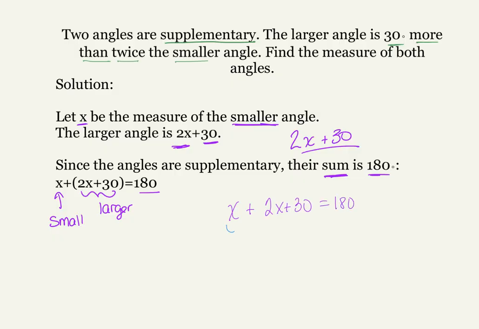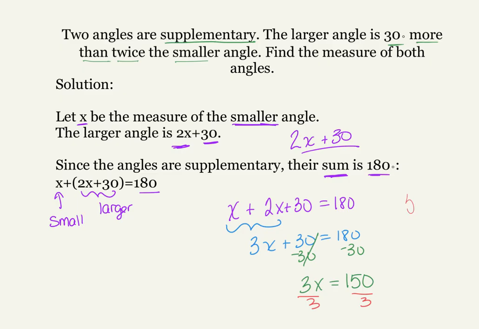And again, pretty simple here. We're going to add our like terms. We are going to subtract that 30 over, and then we are going to divide both sides by that 3. Now, we get 50 degrees for that angle.